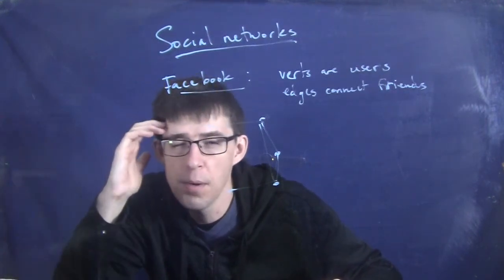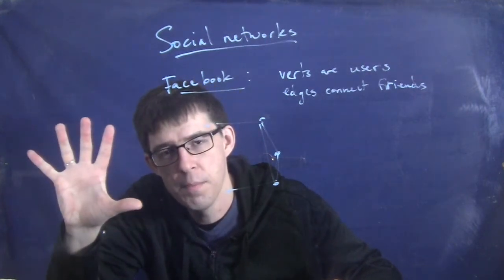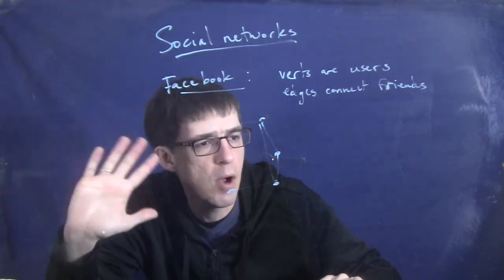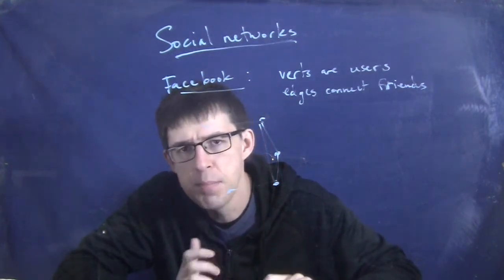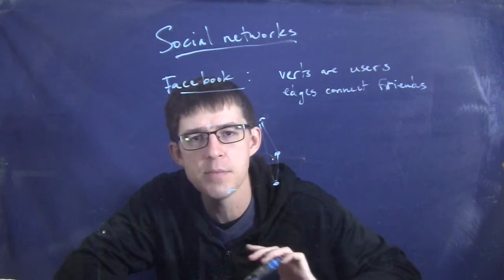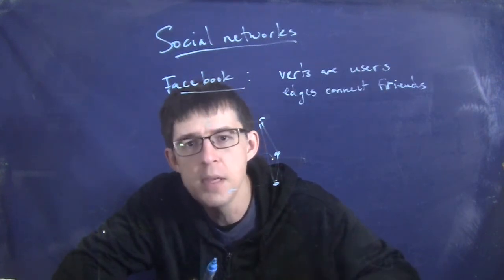Now, really all social media works roughly in this way, although other systems like Twitter, you don't have friends. People can follow other people, and on Twitter I could follow you even if you don't follow me.